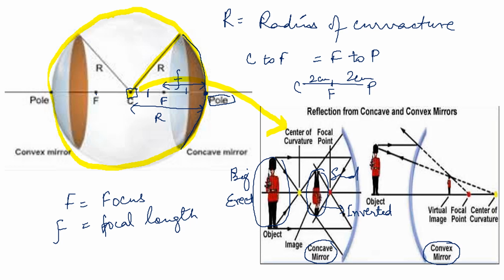Now if you see here in the convex mirror, this is your object, this is your image. Then what you can say? Again, this is big and this is the small image. Size is smaller. And this is virtual and erect.